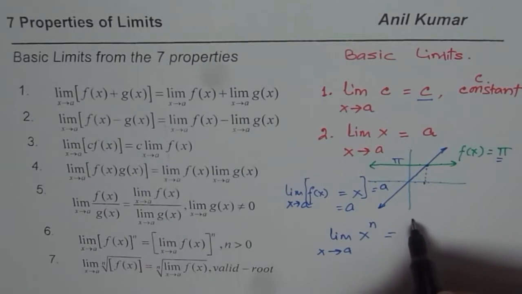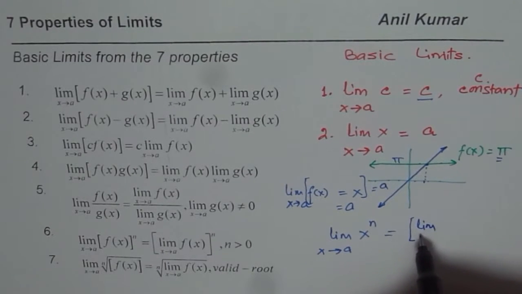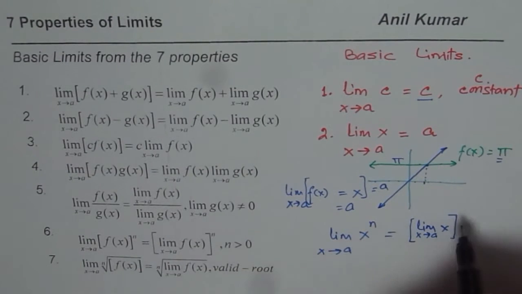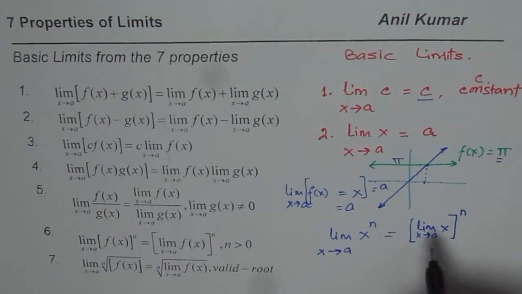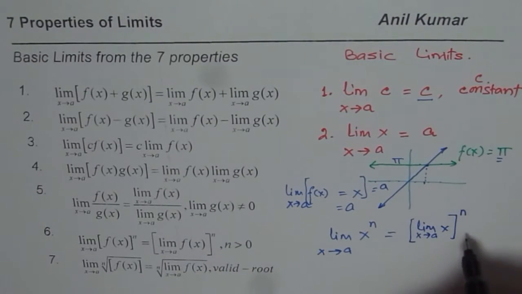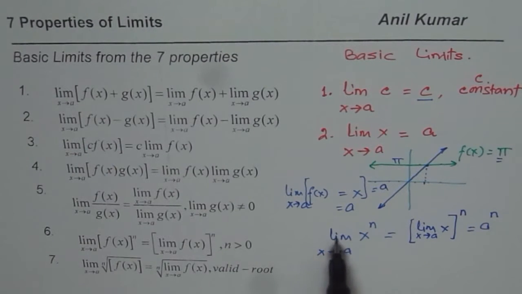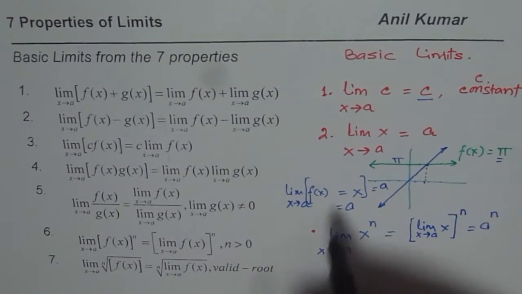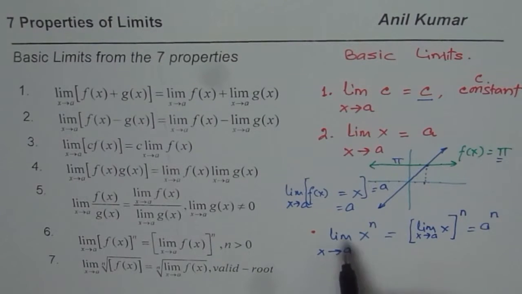So the limit as x approaches a of x, to the power of n. As we have seen, the limit of x is a, so we can write this as a to the power of n. So we can treat this as derived from the basic properties: the limit of x to the power of n as x approaches a is a to the power of n.